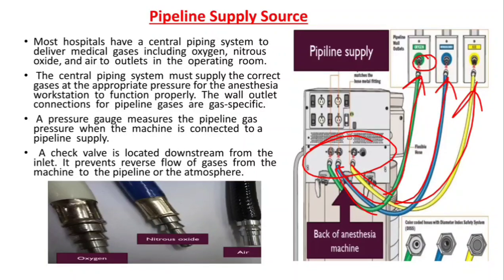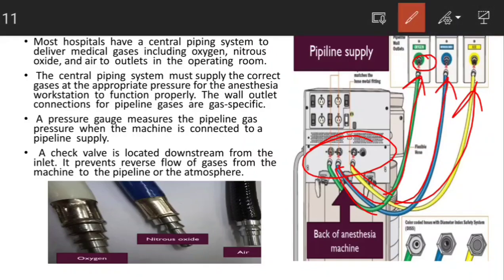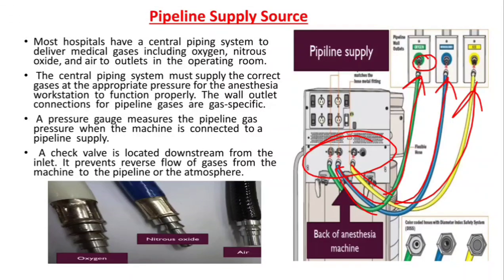In most hospitals we have a central pipeline system. That central pipeline system delivers gases like oxygen, nitrous oxide or air directly to the operating room through special wall outlets. These outlets that you can see, the machine pipes are connected to the pipeline outlets.